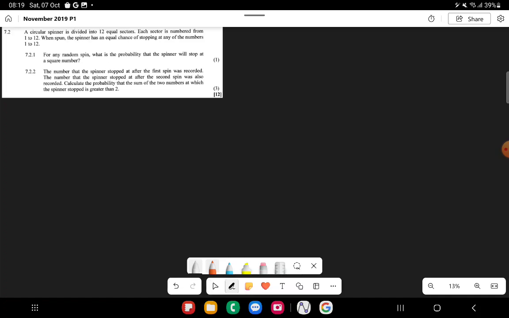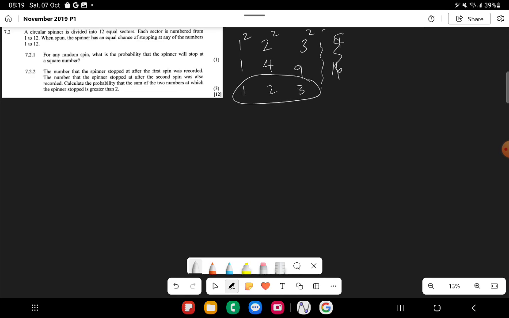So first thing we need to know is what square numbers are available. 1 squared is 1, 2 squared is 4, 3 squared is 9, 4 squared is 16. So this is where we end, this is not an option. So we've got 3 options.